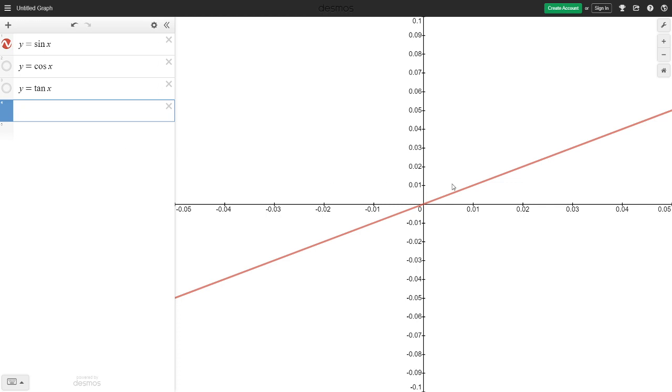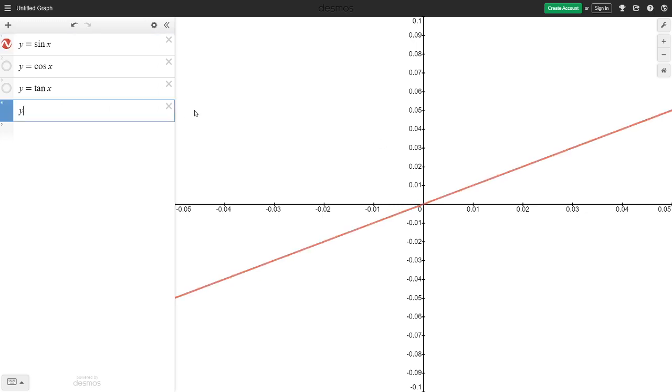This looks like a straight line, and we can see here that when x is really small, sine x, or the y coordinate, is the same. We can see here at 0.02, that's the same, and 0.03, it's still the same.